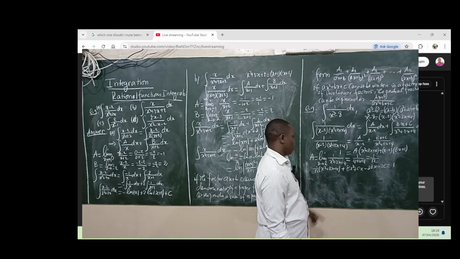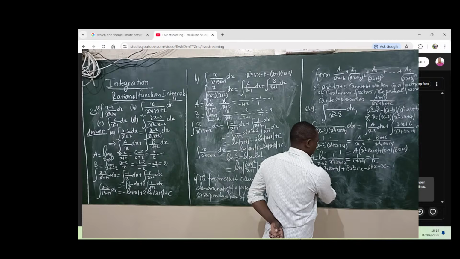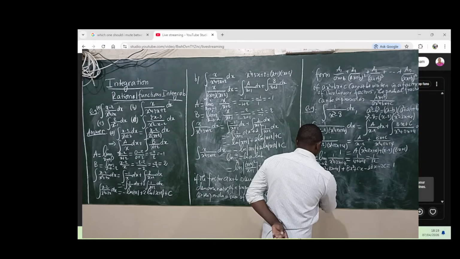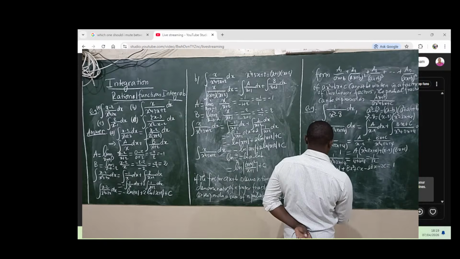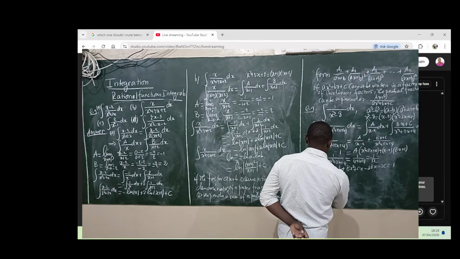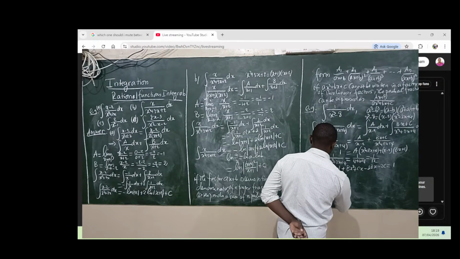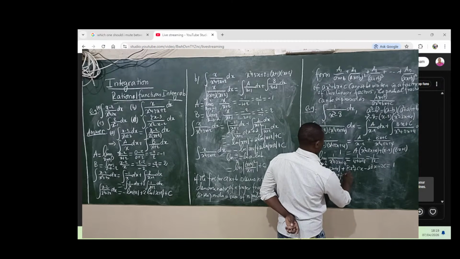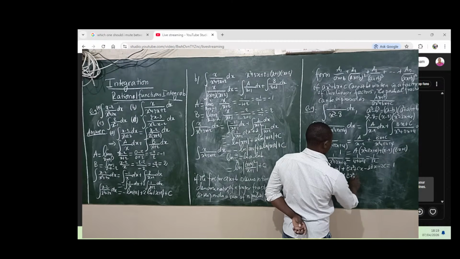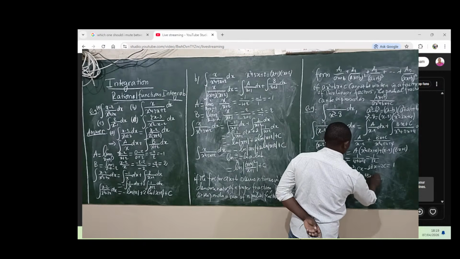Okay, let's multiply 1 by 12 inside here. We have 1 by 12 x squared plus 1 by 12 times 2, that is 1 over 6 x, plus this times 4, that is 1 over 3, plus bx squared plus cx minus 2bx minus 2c, and this is equal to 1.